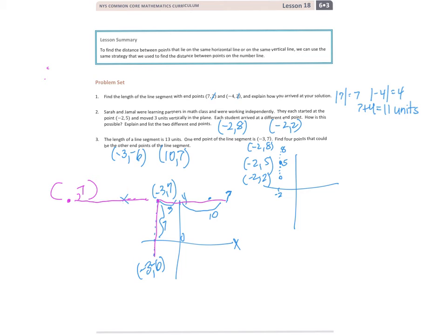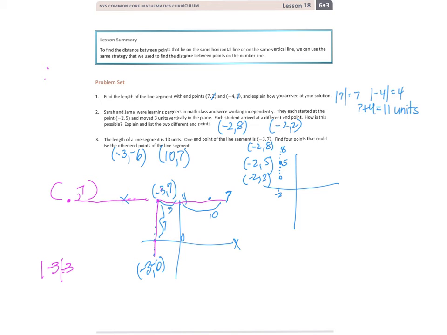The absolute value of negative 3 is 3, and then 3 plus something has to be 13, so I think it has to be 10.